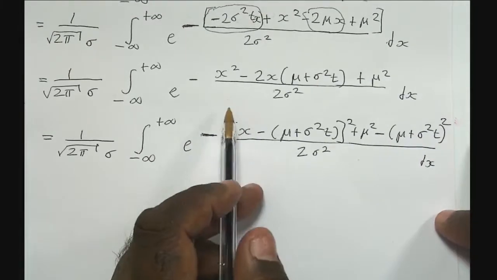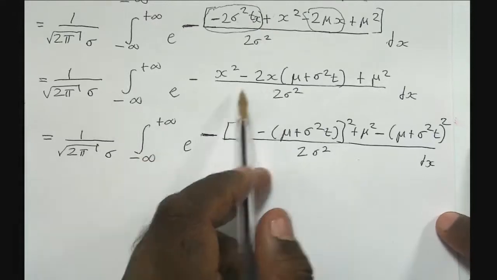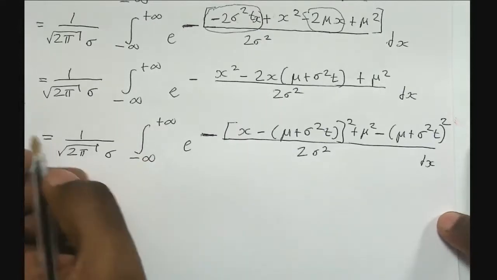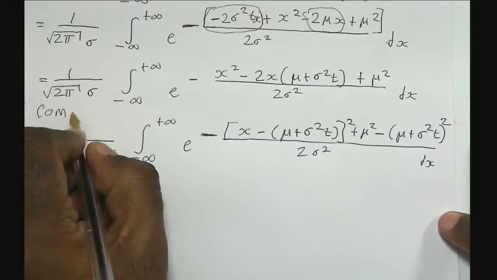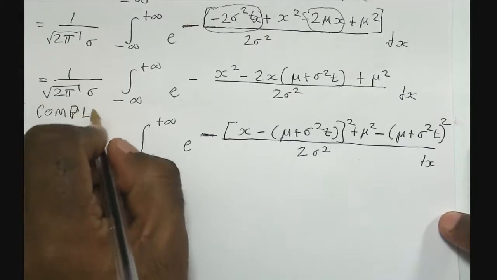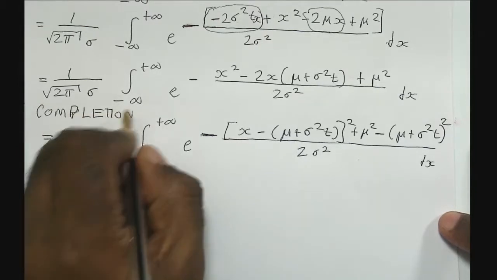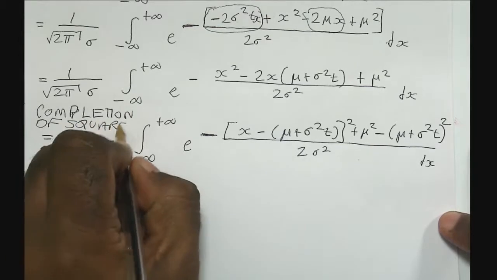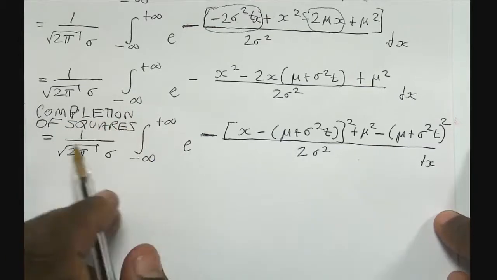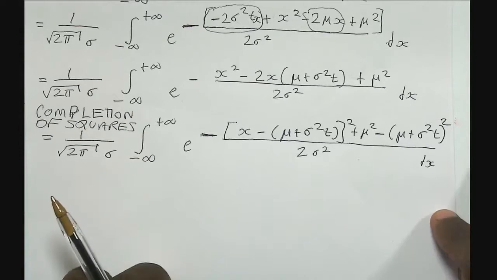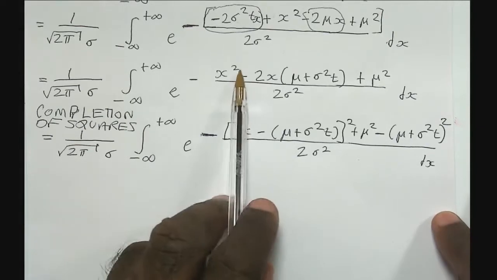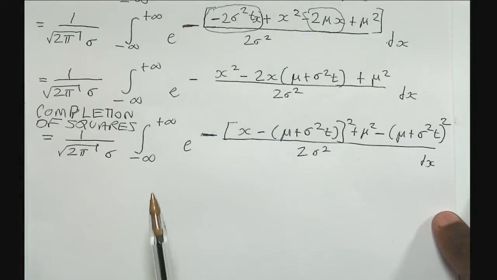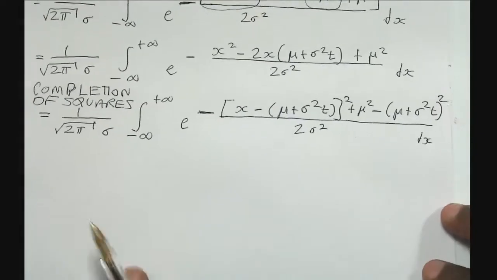What have I done from going from this line to this line? What I have done is known as completion of squares. I'm sure you've heard this term before. So to go from this line to this line, I have completed the squares with respect to x.